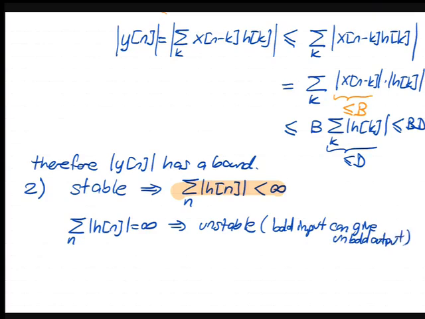Okay, so I'm not going to spend too much time there, but this is by basically construction. The proof here in this direction is constructive. So I give you an h that fails this property. So we assume h is like that, right? And we construct a malicious input, which gives us an output that is unbounded, even though the input itself is bounded. Okay? Here's a bad input, a bad guy.